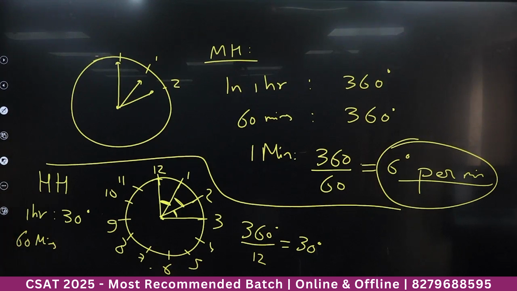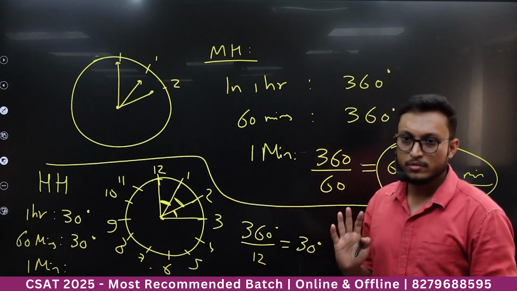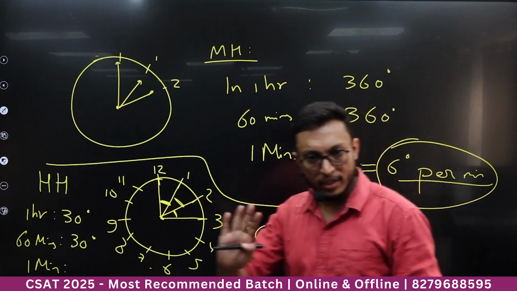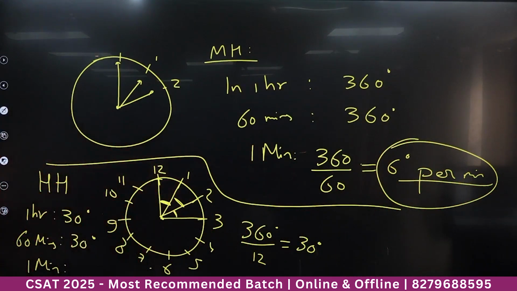So in 60 minutes it is rotating 30 degrees. So in 1 minute it will rotate 30 by 60, which is half. So half degrees per minute. This is the speed of rotation of hour hand.